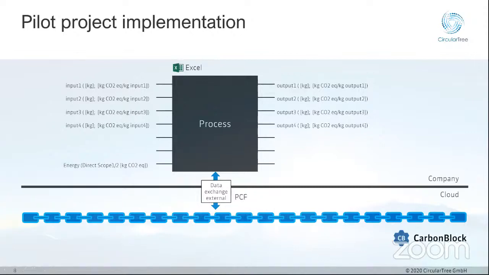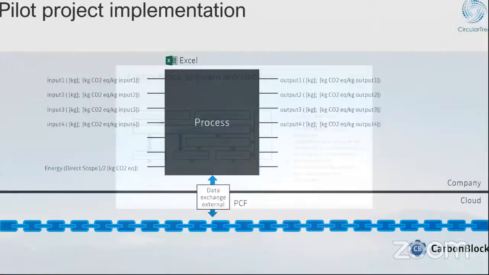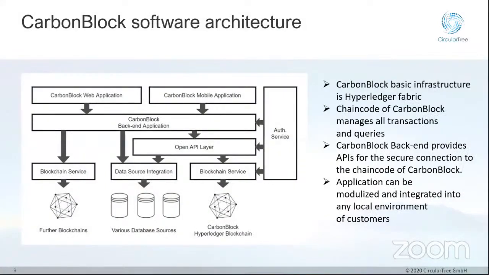So this is a very important point for acceptance by the corporations. This is some more detailed architecture. I'm not a software architect, so if you have any further questions, De Jong is also on the call. He can answer those questions.